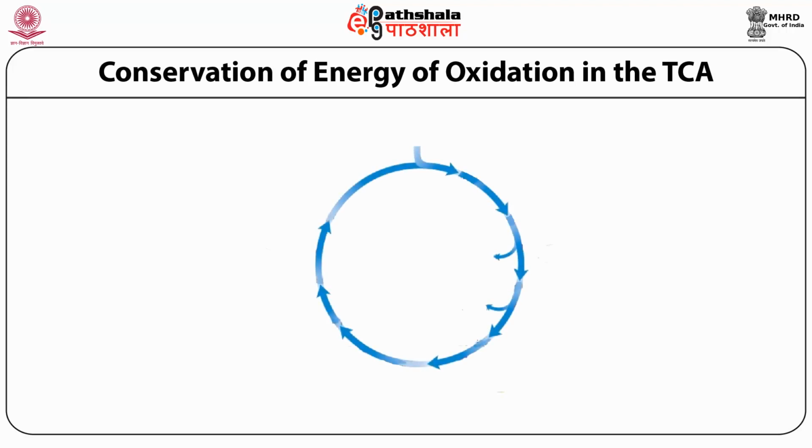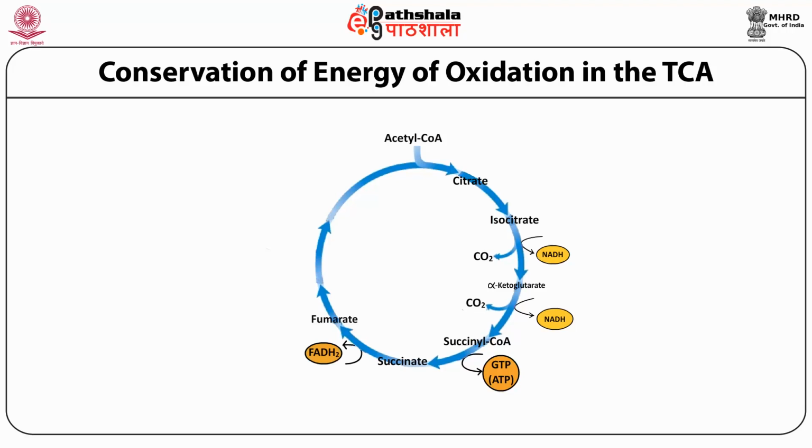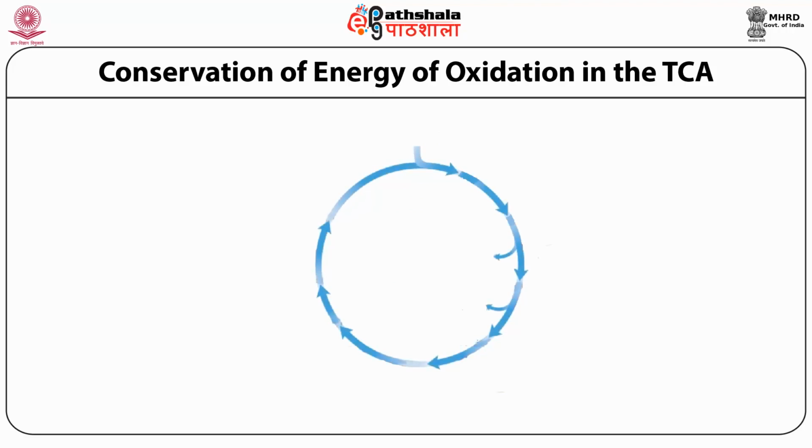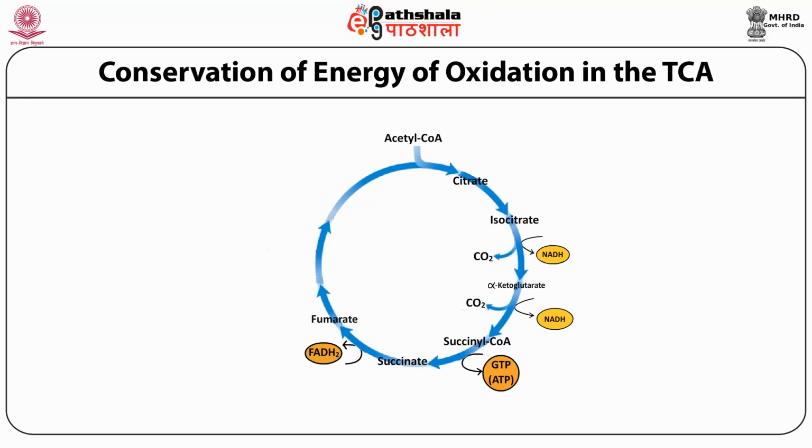So if we summarize the reactions of the TCA cycle in a nutshell, the 2-carbon acetyl group generated in the pyruvate dehydrogenase complex reaction enters the TCA cycle, and 2 molecules of carbon dioxide are released in the cycle.